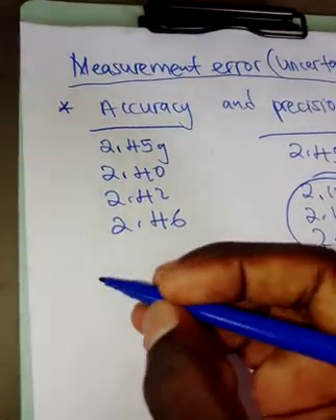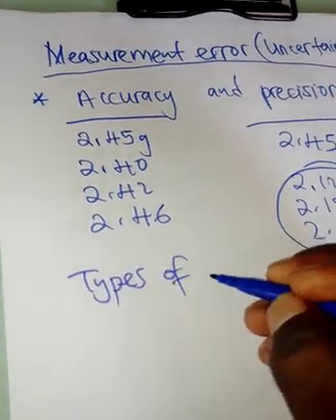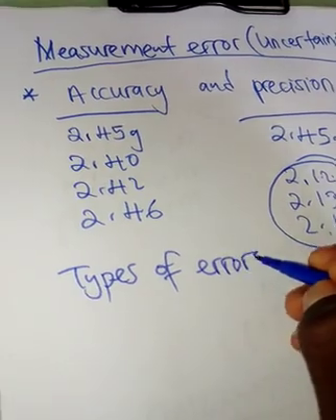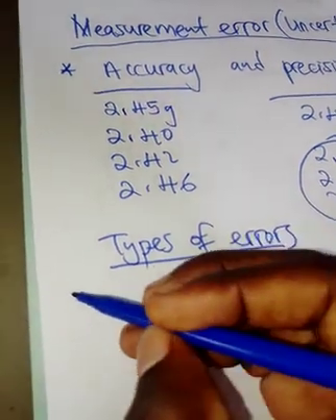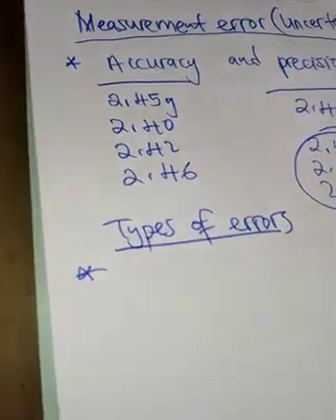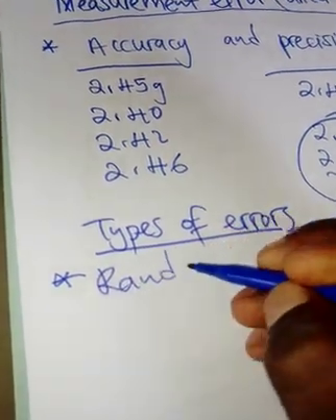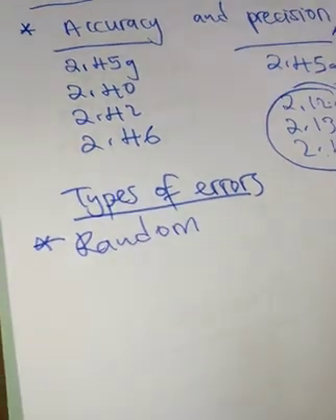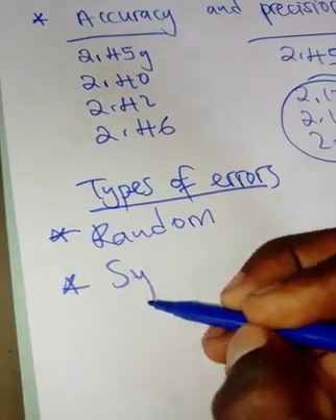Then let's also talk about some common types of errors. For types of errors, there are two which we should keep in mind. We have random error and systematic error.